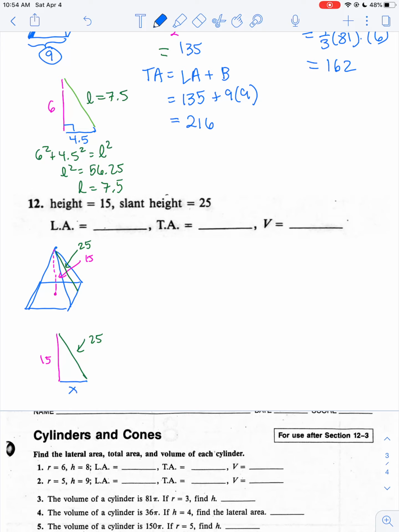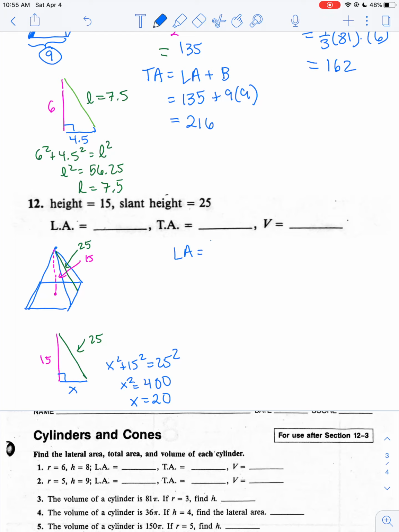I'm going to call that X. If we recognize that this is a right triangle, we're going to use the Pythagorean theorem. X squared plus 15 squared equals 25 squared. If you square 15, square 25, and subtract 15 squared on both sides, we get x squared equals 400. So therefore, x is 20 when we take the square root of both sides.